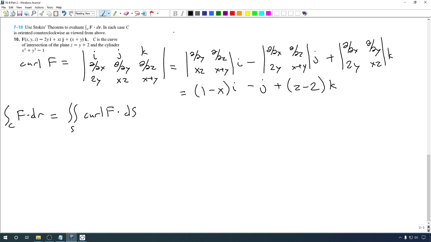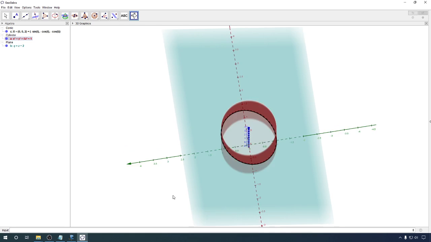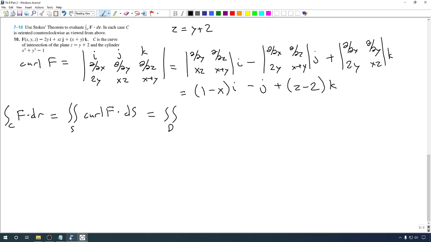And of course, the plane also is a graph. It is the graph z equals y plus 2. The only difference here is that when we take the integral over our base, instead of being a triangle, it is just the circle x squared plus y squared equals 1. So we're integrating over that disk.